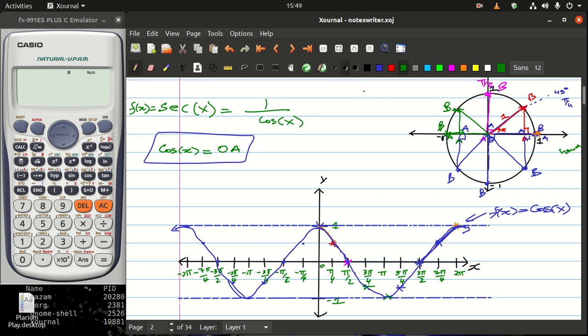So note here, I'm going to use red so that this can be seen. When cosine of x is 0 here, cosine of x is 0 there, cosine of x is 0 there, cosine of x is 0 there. At these points, this function is not defined. So what we're going to do, we're going to try and place a vertical line that is passing through these points.